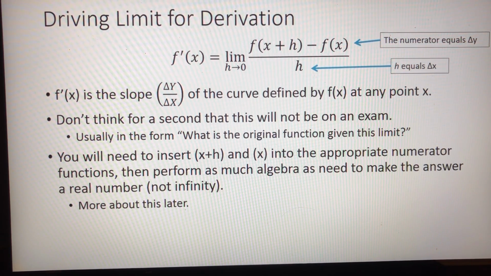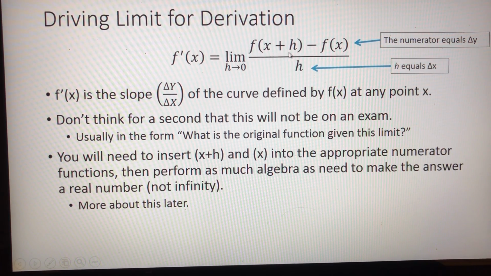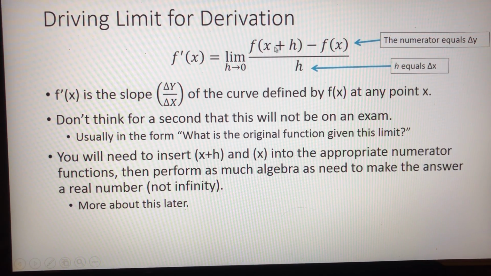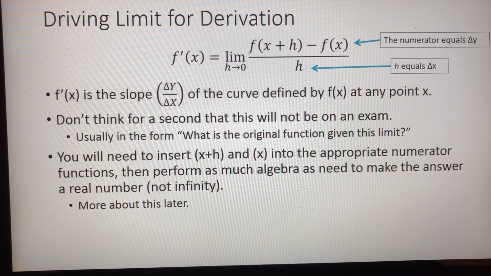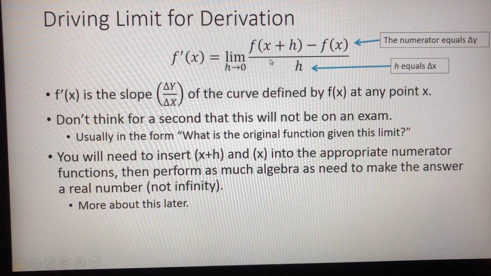And this type of structure, I would bet you money would be on your first exam. They're going to give you something and possibly ask, what's the original function if your derivation is set up like this using limits. If you're familiar enough with it, you should be able to figure it out if you know this structure. More about that in a later video.